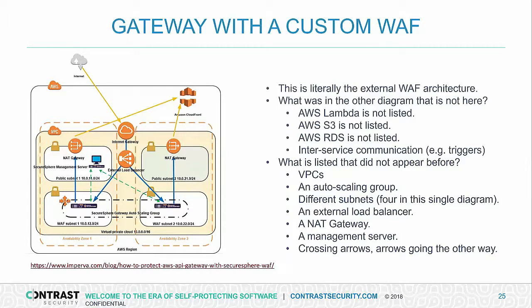It has an external load balancer, which seems to operate in the cloud, so we need that too. There's a NAT gateway in there for some reason, which seems to make its way over into AWS CloudFront. We have a management server in here, and we have a lot of different arrows in different colors crossing each other and going different ways, and just being, generally speaking, very confusing.